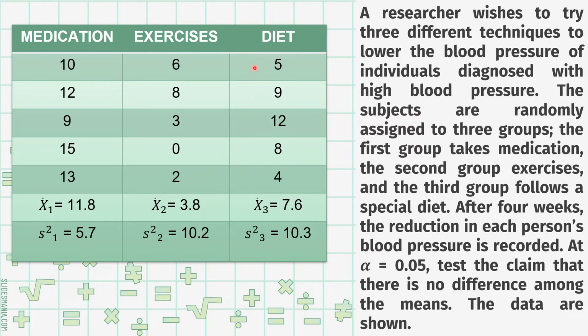And for the diet group, the reductions are 5, 9, 12, 8, and 4, and the mean is 7.6, and the sample variance is 10.3, obtained using Excel.